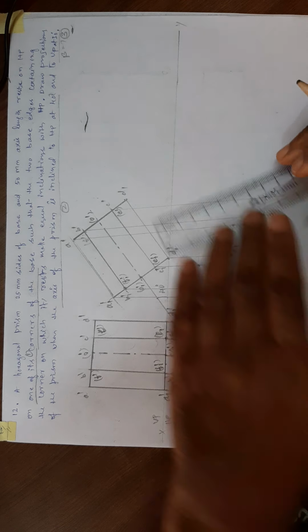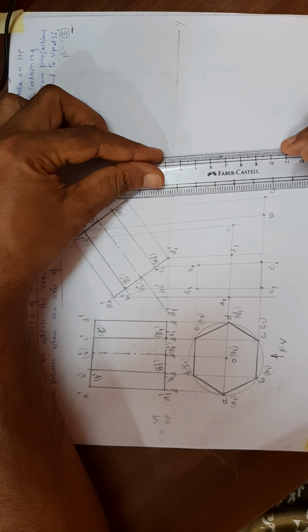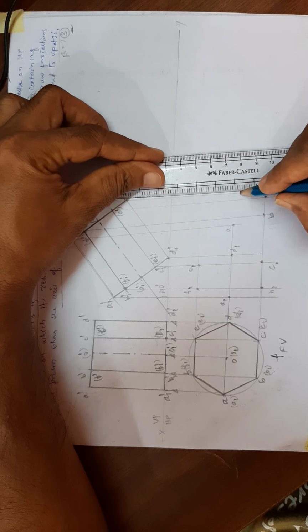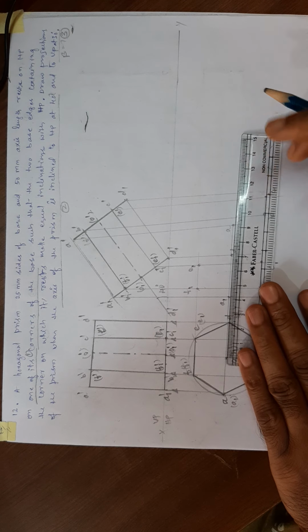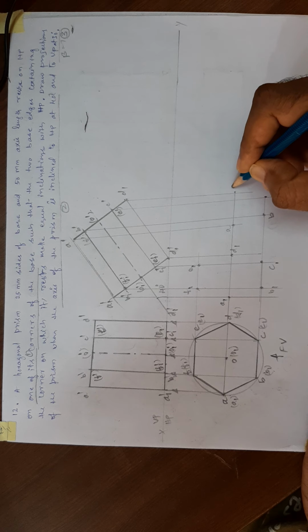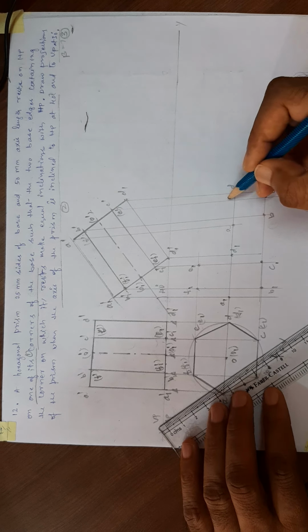This is C. Next, vertical projector line from the D dash and horizontal projector line from the D. Now see, this is D. Then vertical projector line from the E dash.